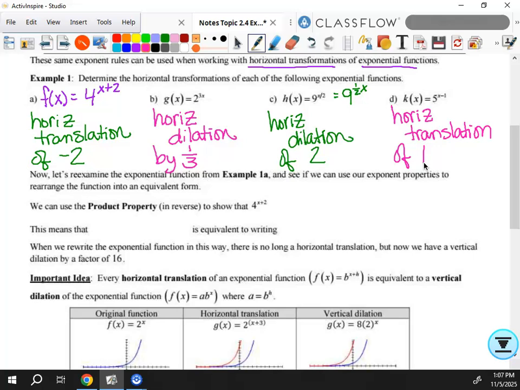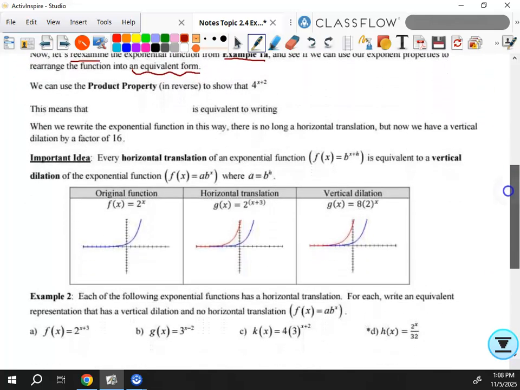So now we are going to re-examine the exponential function in example 1a, this one right here, and see if we can use our exponent properties to rearrange the function into an equivalent form. All right. So we have 4 to the x plus 2 power. That is going to be equal to, so remember we're going to use the product property to go backwards.